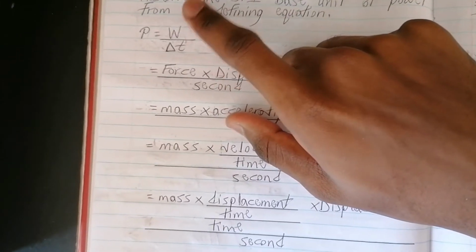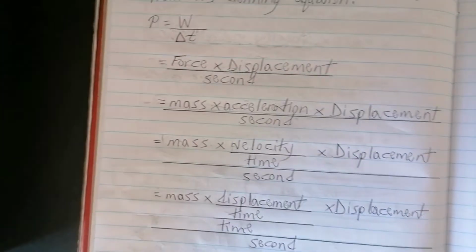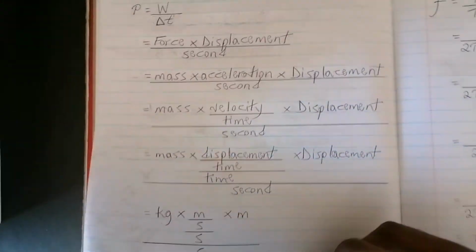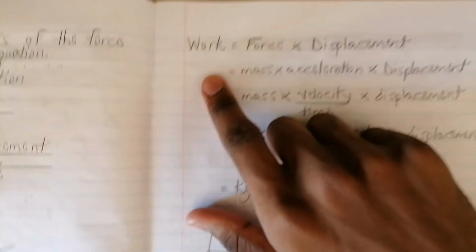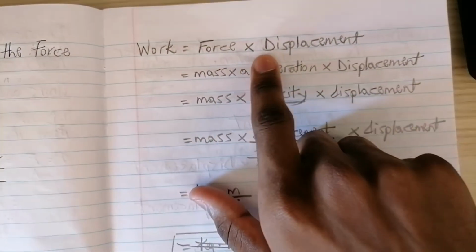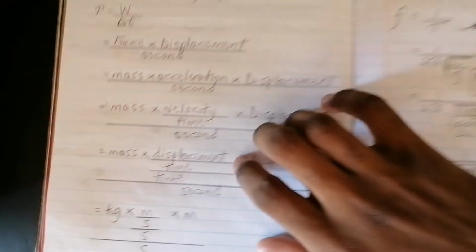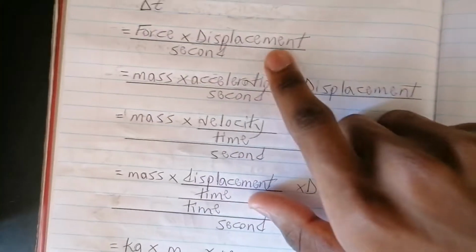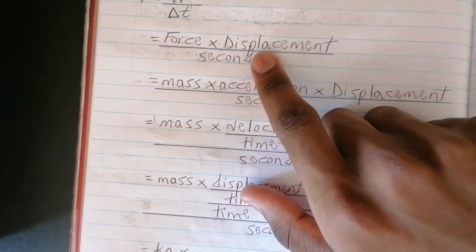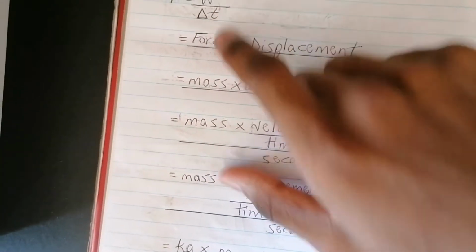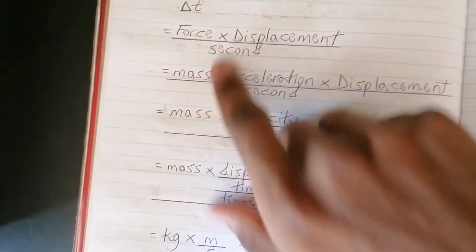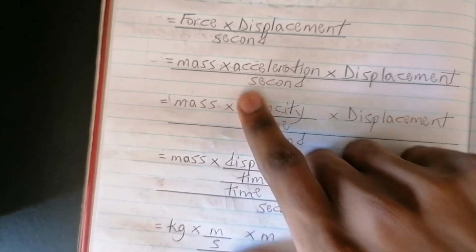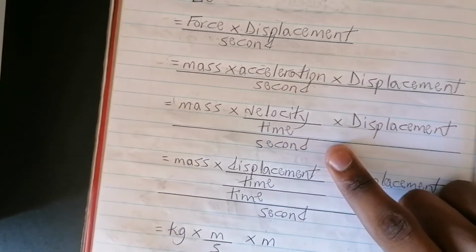This one is for work all over the change in time. As we saw from the previous example, work is equal to force multiplied by displacement, and the change in time is second. Breaking this apart: mass multiplied by acceleration multiplied by displacement, all over second.